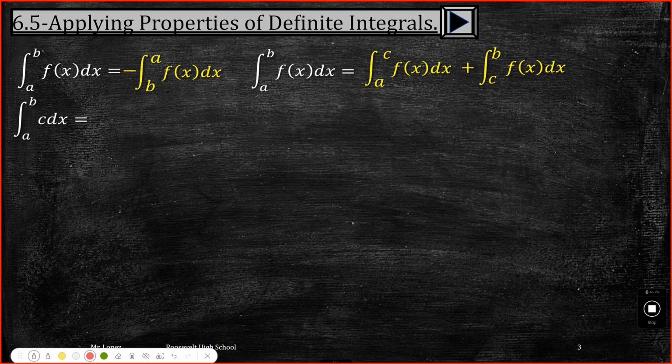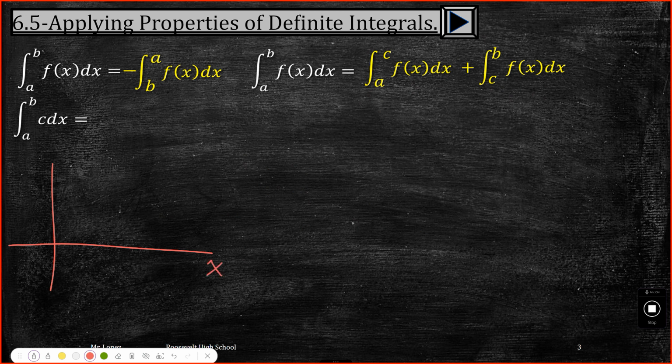If you have a constant in front of the function, c dx. Hold on. C, and then I got dx. This right here is the one I told you about, driving at a constant velocity.